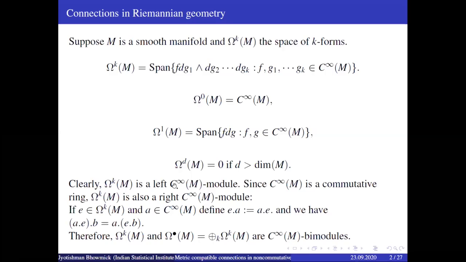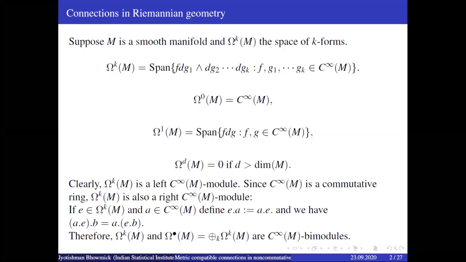We will need this. The total space is defined to be the direct sum of all these. Since each of these is a C^infinity(M) bimodule, the direct sum is also one.